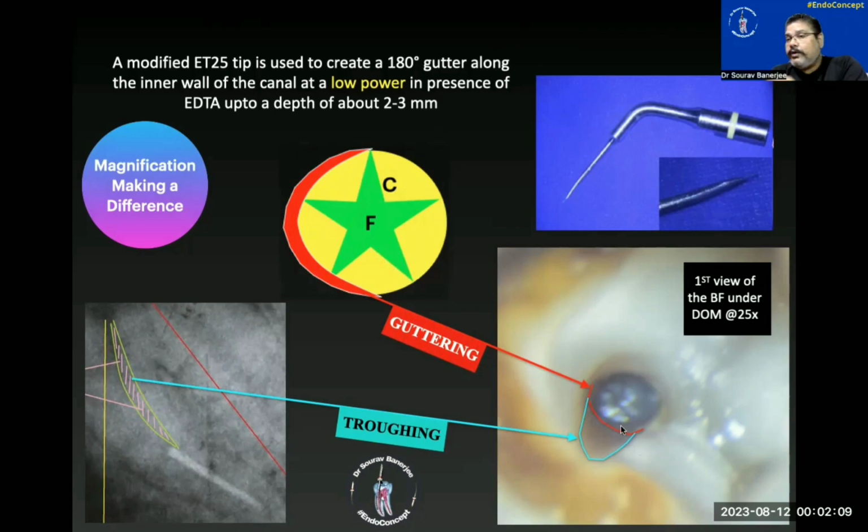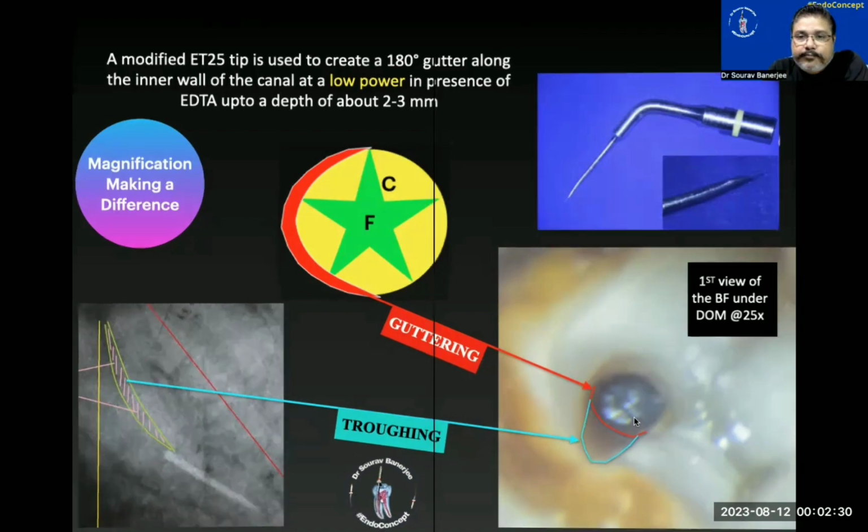This is one important part. Once we do the guttering, the instrument starts shaking or moving inside the canal, because it gets freed from the binding of the canal. That is one important step in the process of retrieval.